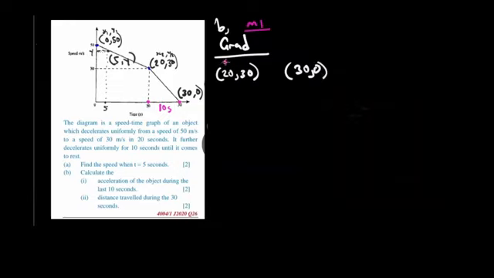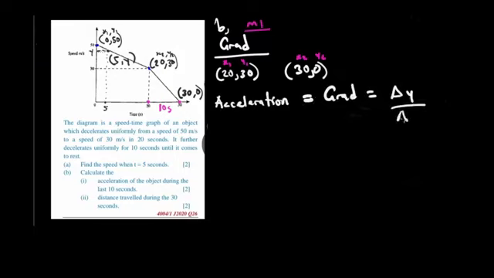Then let us assign these to be x1, y1, x2, y2. The question says we should calculate the acceleration. So let us say the acceleration is equal to the gradient, which is given by delta y over delta x. And we know that delta y over delta x, the change in y is y2 minus y1 over the change in x, it's x2 minus x1.